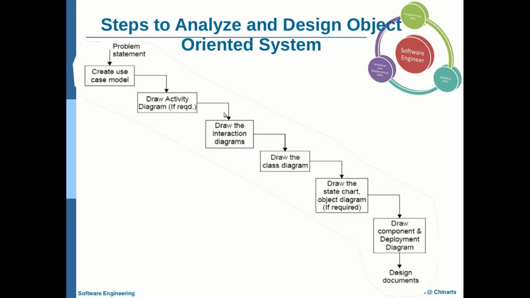You have to create a use case model, then draw the activity diagram, then the interaction diagram, then the class diagram, then the state chart and the object diagram, then the component and deployment diagram, then you have to derive the design document.